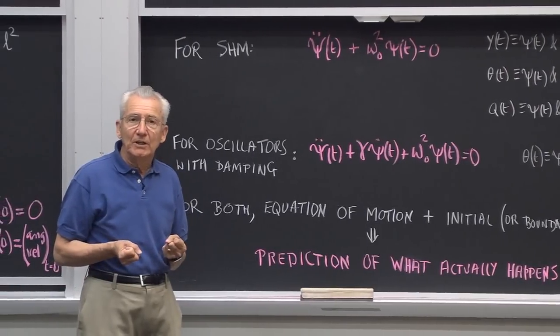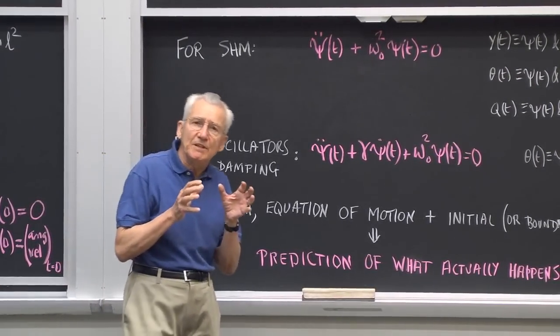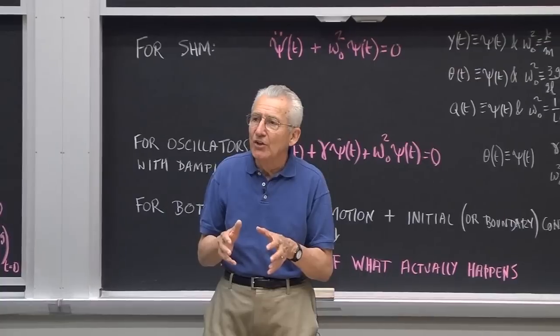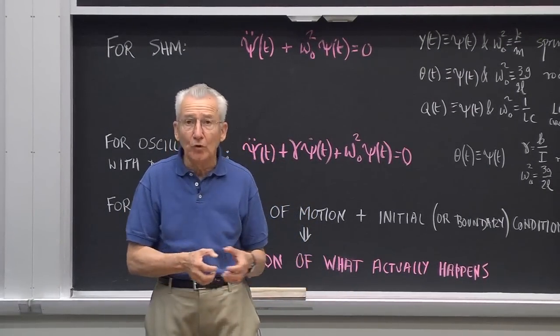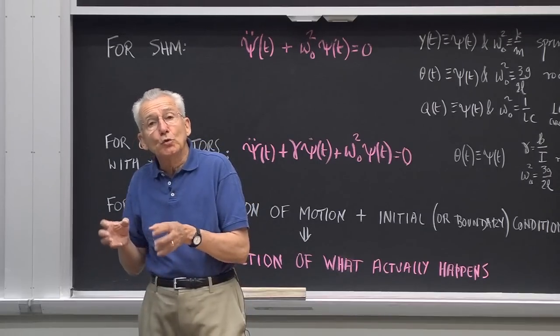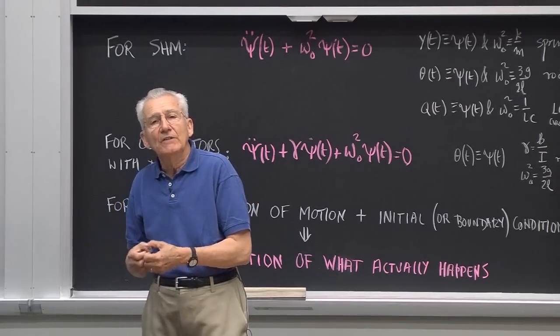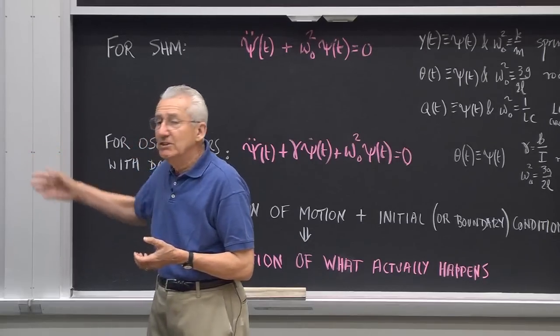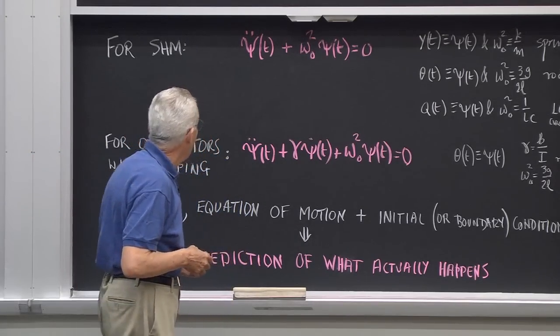We added some loss mechanism. We took a specific kind where the resistive force or the resistive torque is proportional to the velocity, or the analogous quantity, in our case, the angular velocity of the rod.